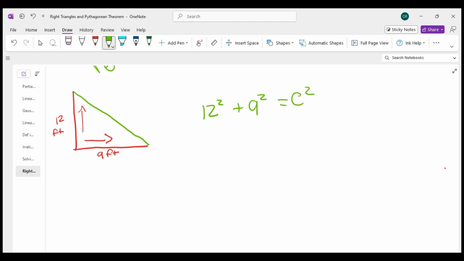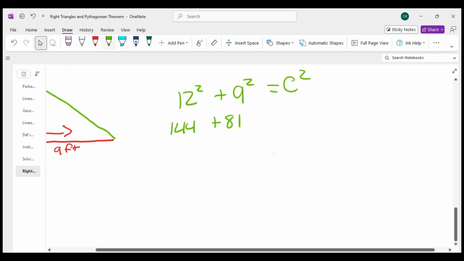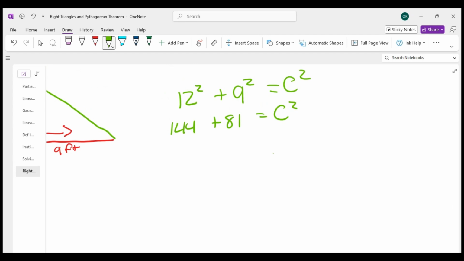And what you'll get is 144 plus 81 equals c squared, and you'll get 225 equals c squared. And when you take the square root of both sides, you'll get that c equals 15.